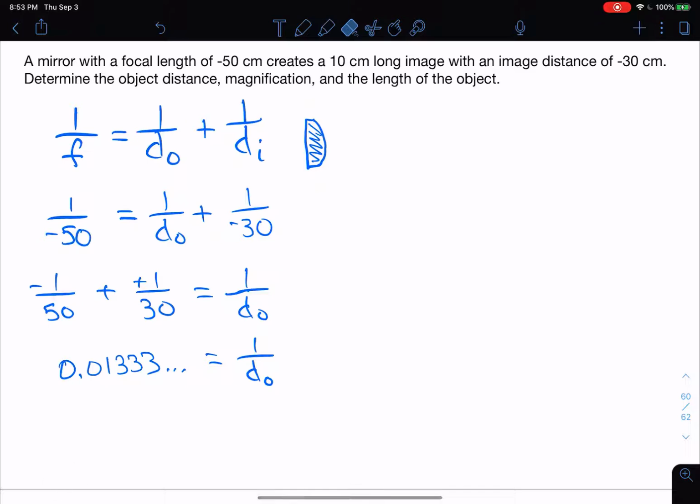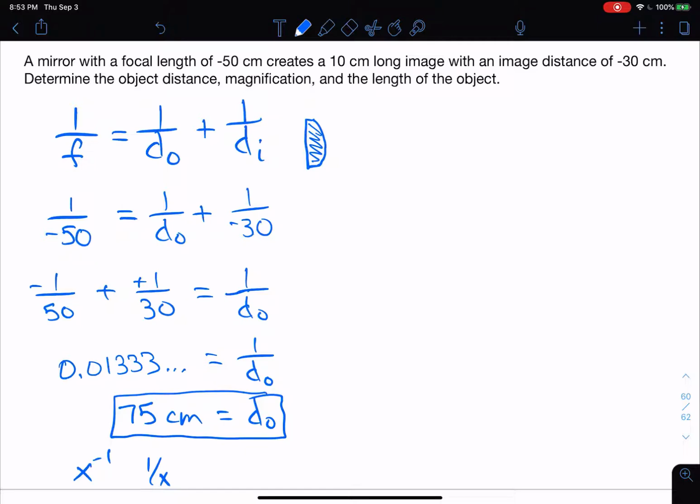On your calculator, that's going to be x to the minus 1. That's how it is on my calculator. Or it might be like 1 over x. So if you just hit that button, it should take the reciprocal of your previous answer. And when I do that, then it comes out to be 75 centimeters. That's the object distance.